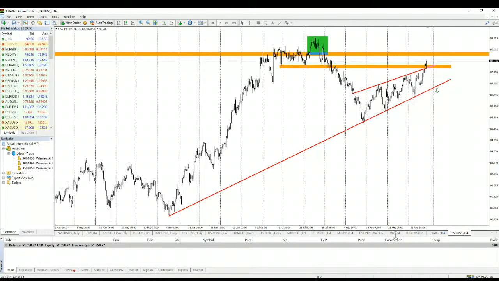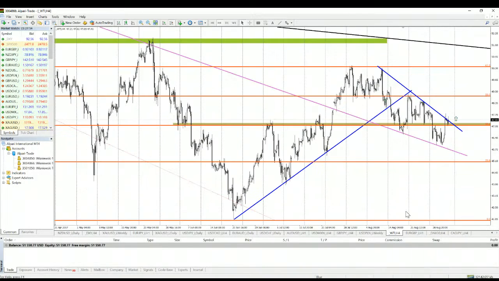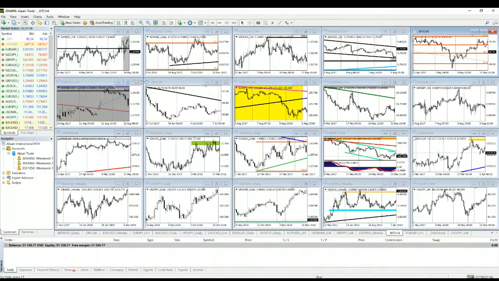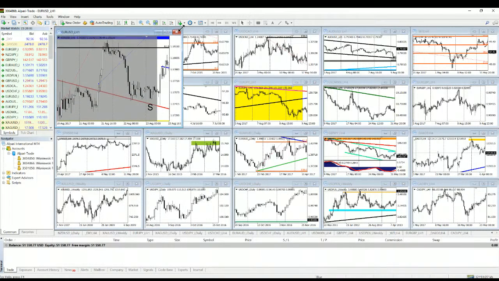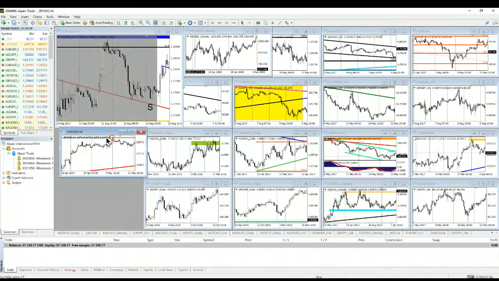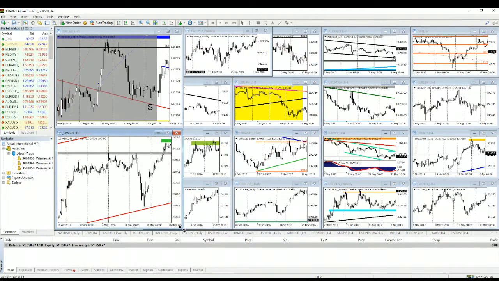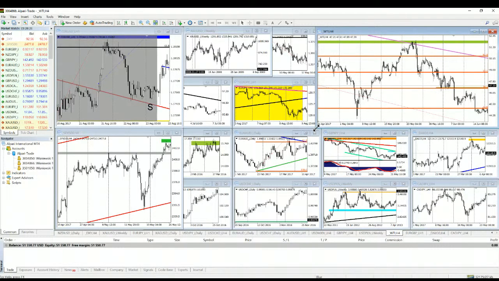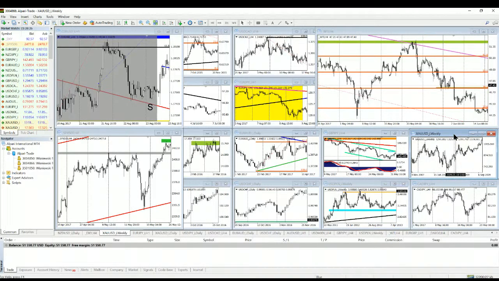Now we'll try to see the situation live. I want to see euro dollar, I want to see gold, I want to see S&P 500, I want to see oil, DAX no. Let's do it like that.